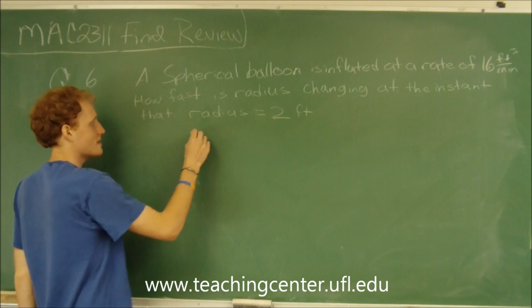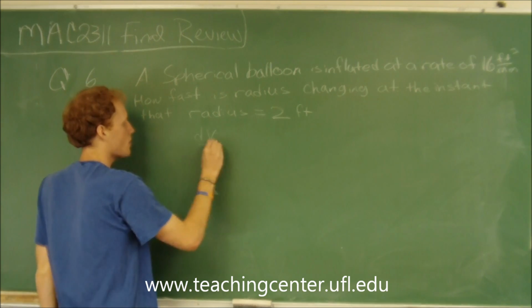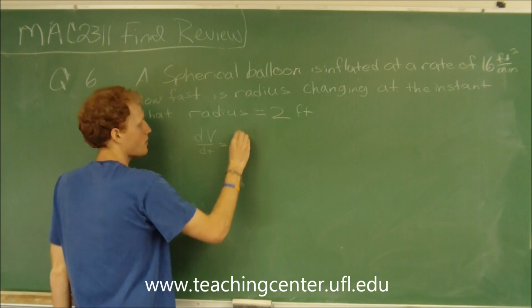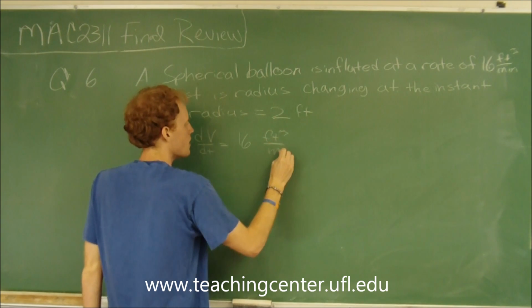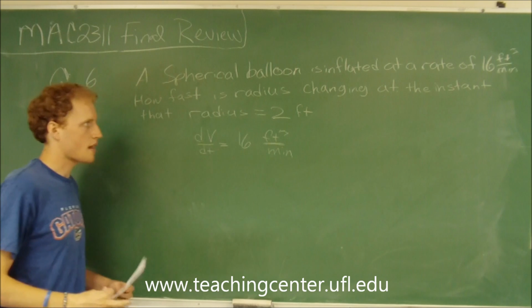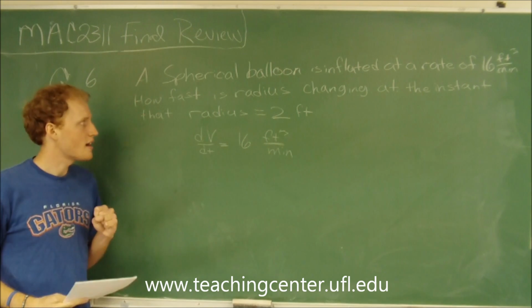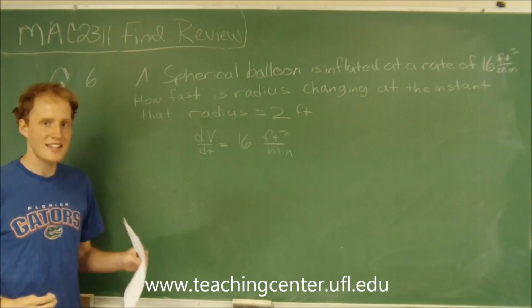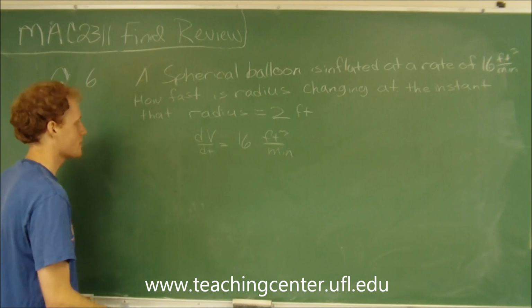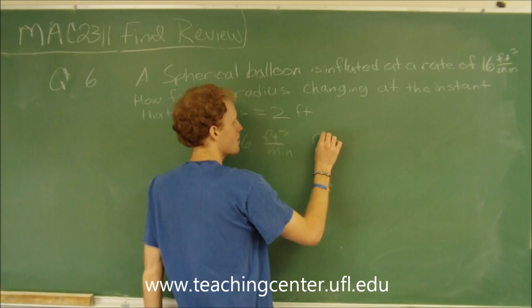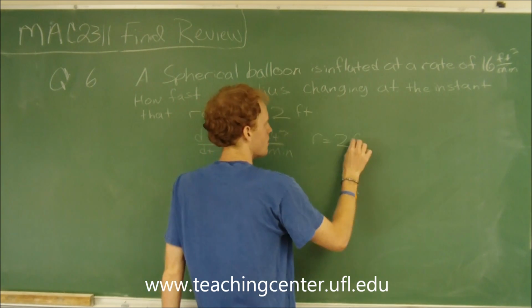That means that dV over dt should equal 16 feet cubed per minute. Then, at the instant that the radius is 2 feet, that means the radius equals 2.